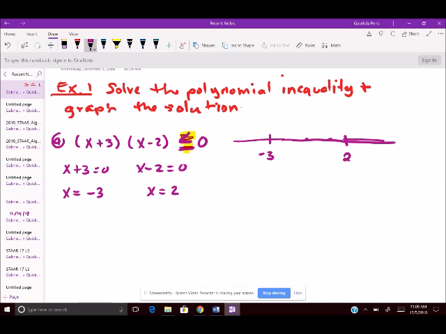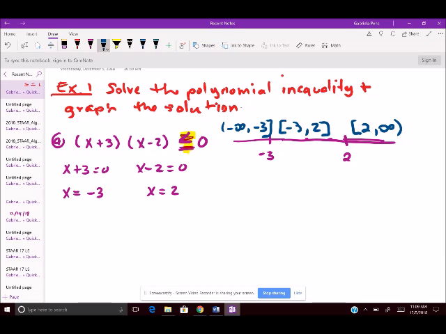It could be everything from negative infinity to negative 3 with a bracket because it has the equal sign. It could be from negative 3 to 2, or it could be from 2 to positive infinity.